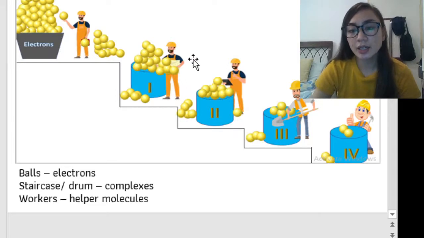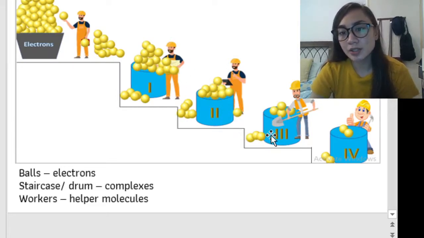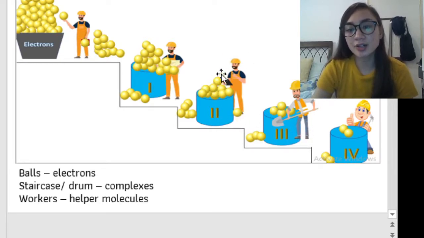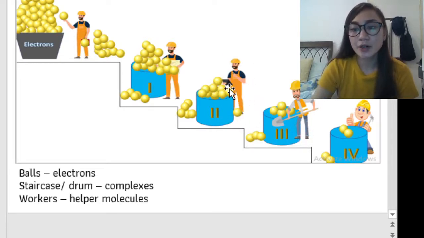Itong sila. Dropping off the balls o yung tinatawag nating electrons in staircase o yung kada complex, and as the balls move down the stairs or as the electrons move down each complex, there are some workers that are on standby per complex to come and pick it up. Thus, there are less electrons in complex 4.